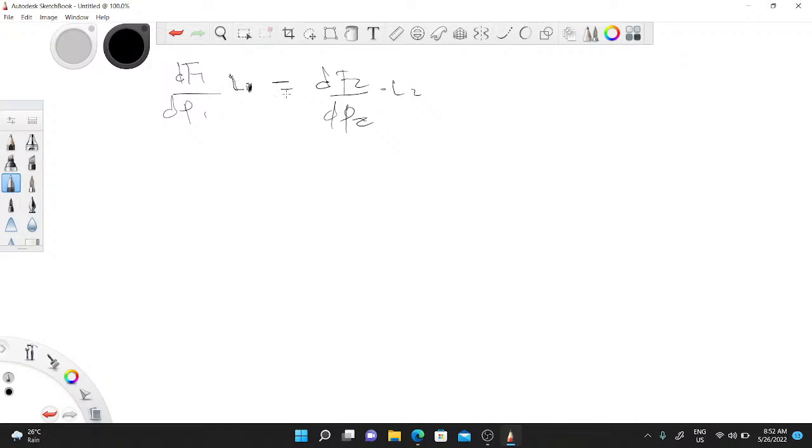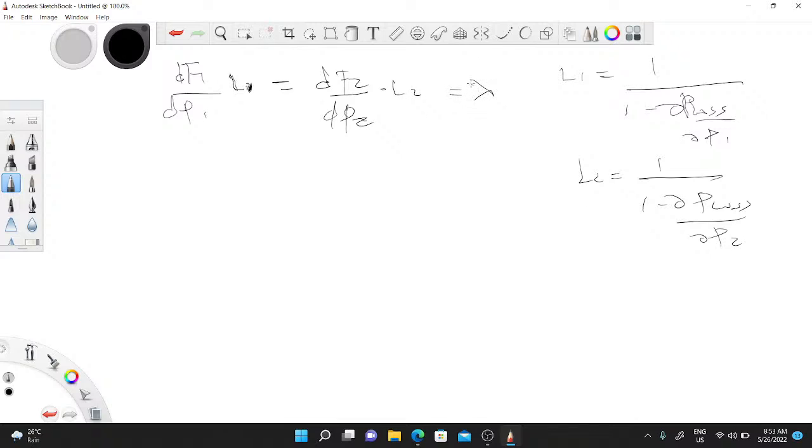What is this L1 and this L2? L1 is equal to 1 over 1 minus dp loss over dp1. L2 is 1 over 1 minus dp loss over dp2. Which means I'm supposed to know what my dp loss dp1 and my dp loss dp2 are, so that I can find my L1 and L2.